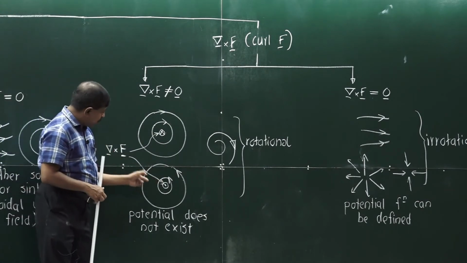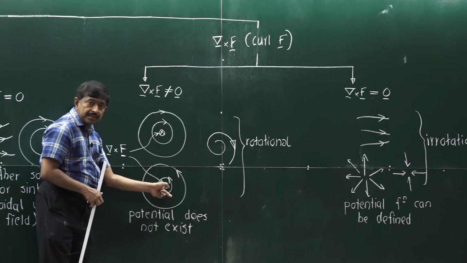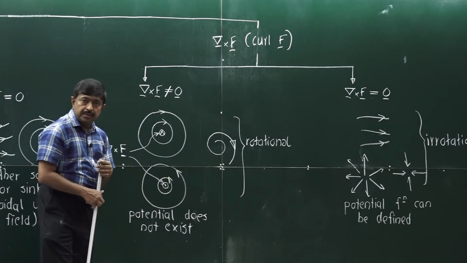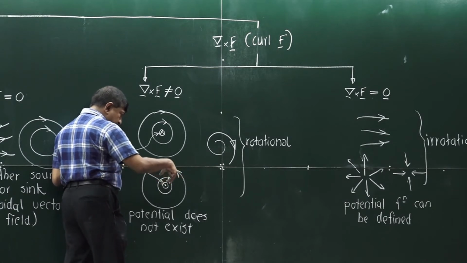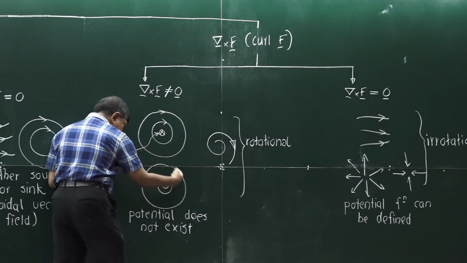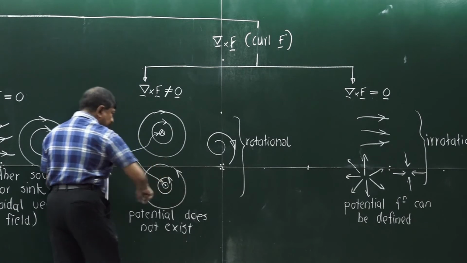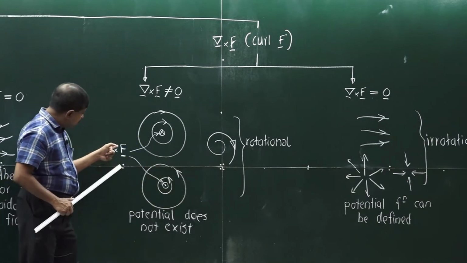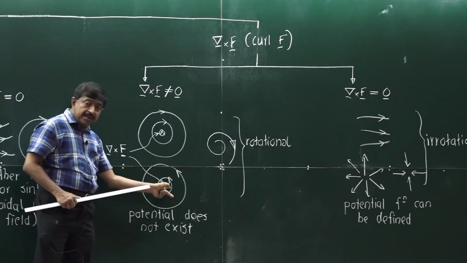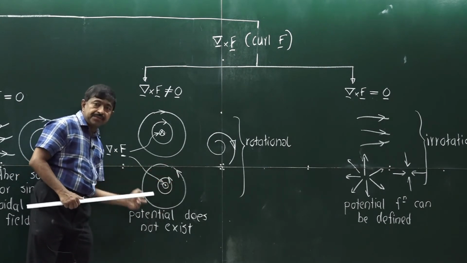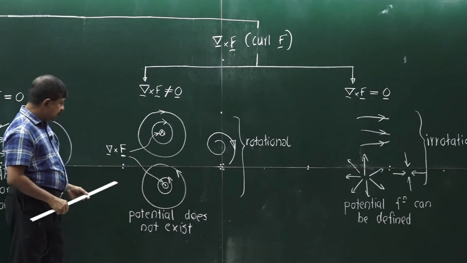Or you might get a vector coming out of this board. That means, if you want the screwdriver to come out of the board, you have to rotate it in the anti-clockwise direction. So, if you get curl F this way, the rotation is anti-clockwise.